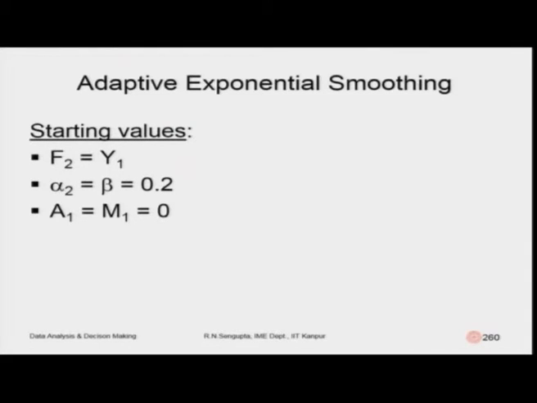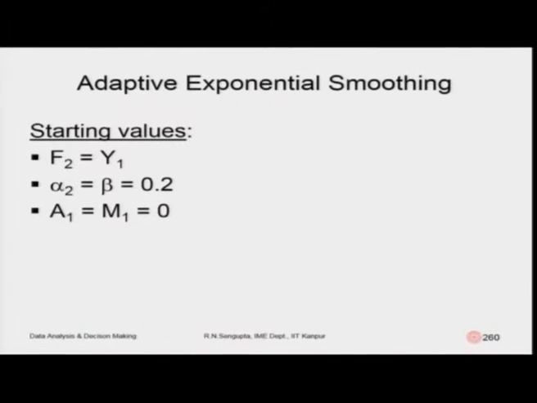Now, consider these values, we are taking arbitrary values, and we will proceed and then discuss how they can be done intuitively. So, consider A 1 and M 1, which is the absolute and the smoothing errors, are 0 initially when we start at time period 1. It can be for time period 0 also. So, we proceed for time period 1, 2, 3, 4 and so on and so forth.